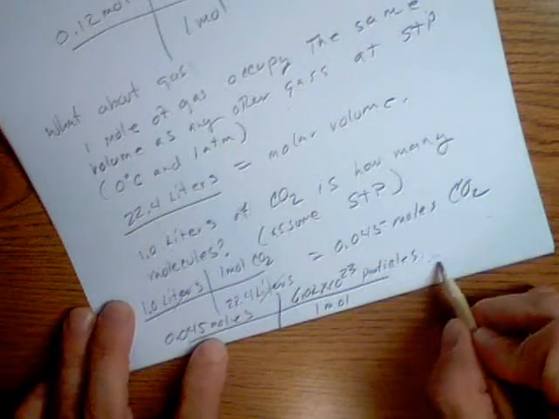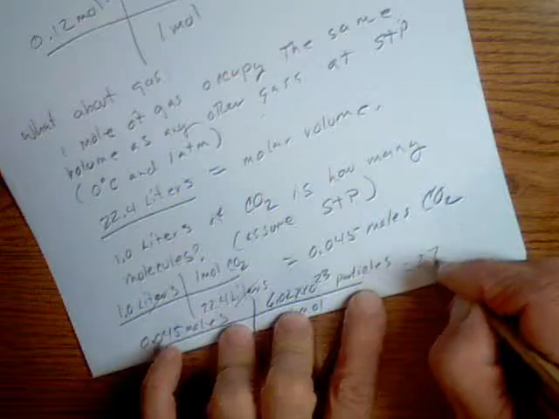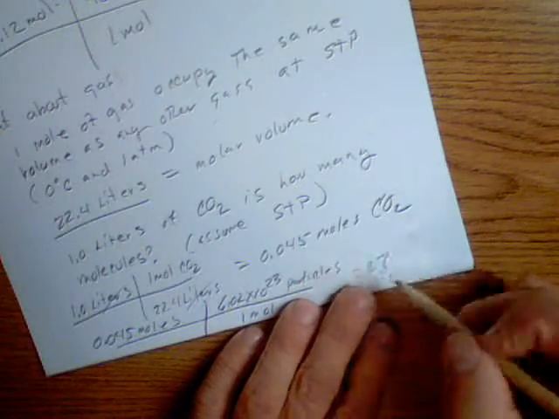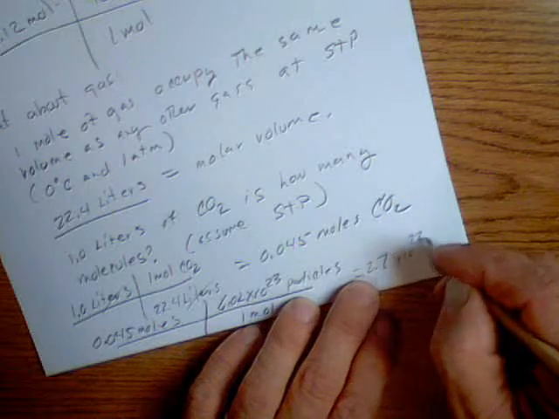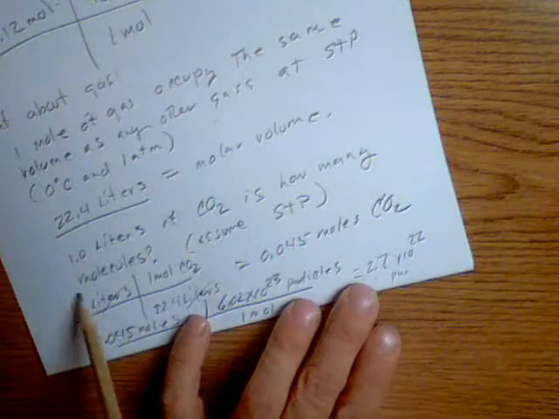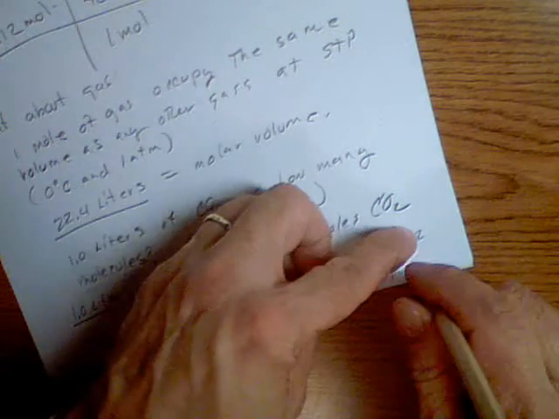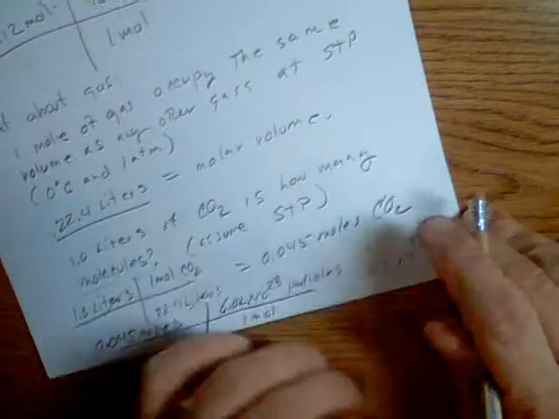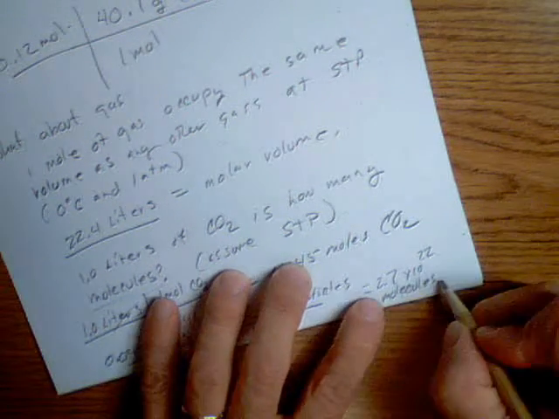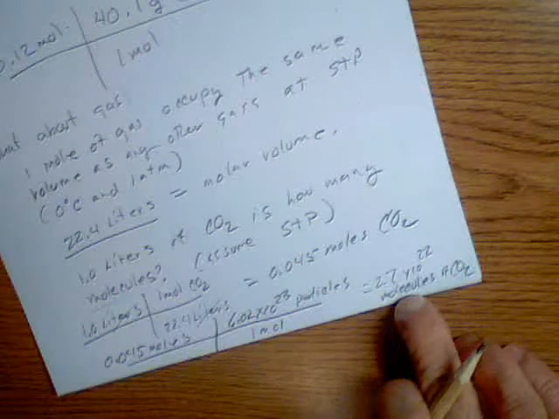And so if we multiply, we get 2.7, 2 sig figs, yep, times 10 to the 22 particles or molecules, either one. It's the same. I could write molecules of CO2. Okay, don't be annoyed that I used particle.